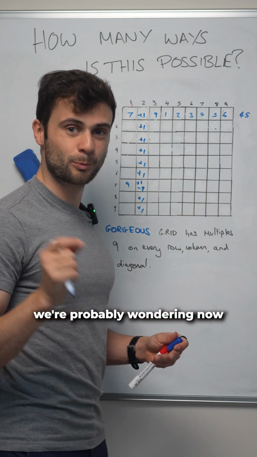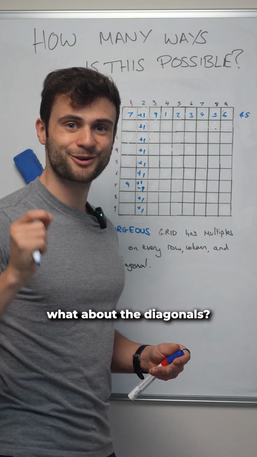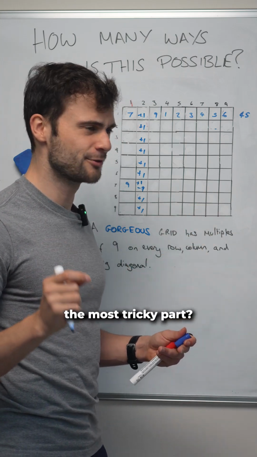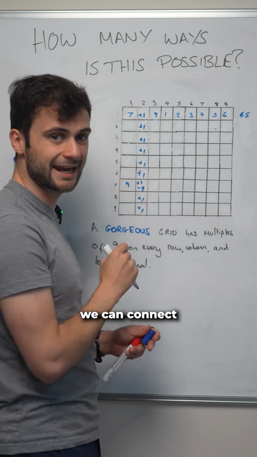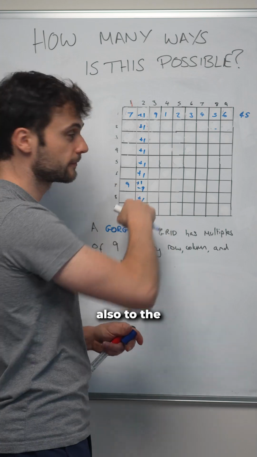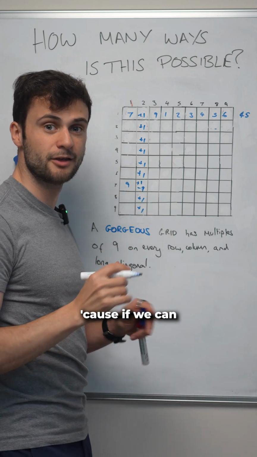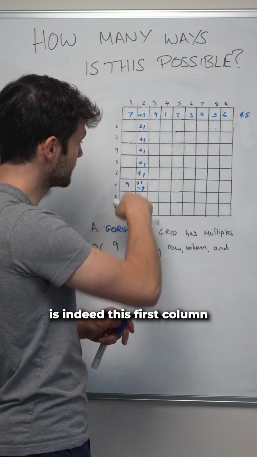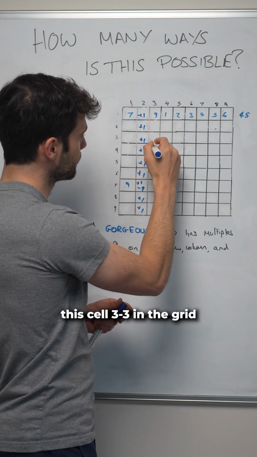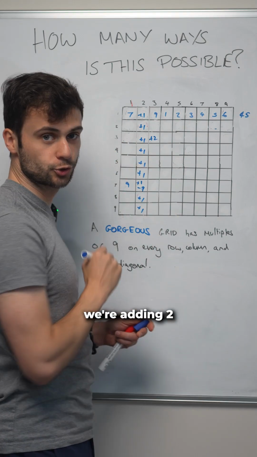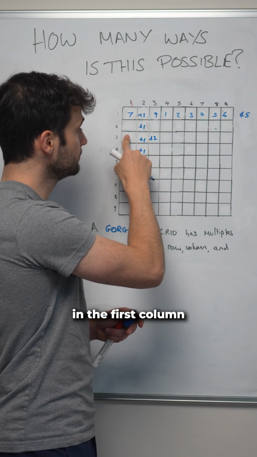But of course, we're probably wondering now, what about the diagonals? Isn't that going to be the most tricky part? We want to consider, is there a way we can connect the diagonals also to the first column? Because if we can, the only thing we need to check is indeed this first column. And can we use some similar logic? This cell, 3, 3 in the grid, we're adding 2 to the number in the first column in the same row.